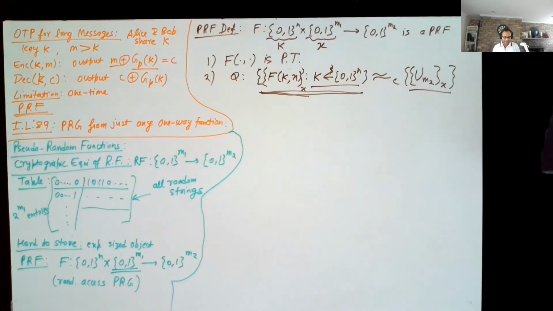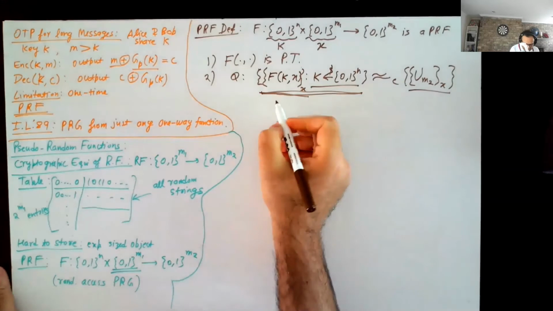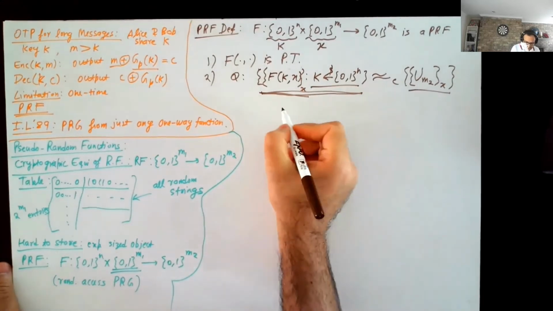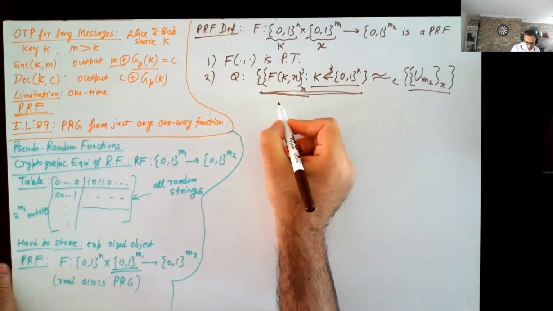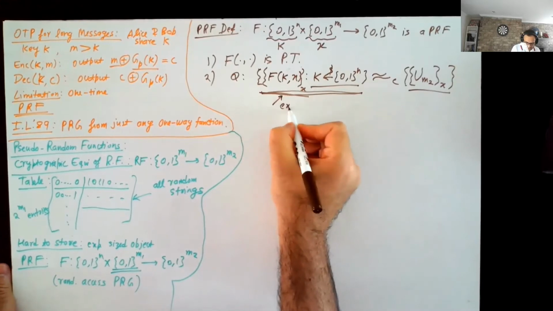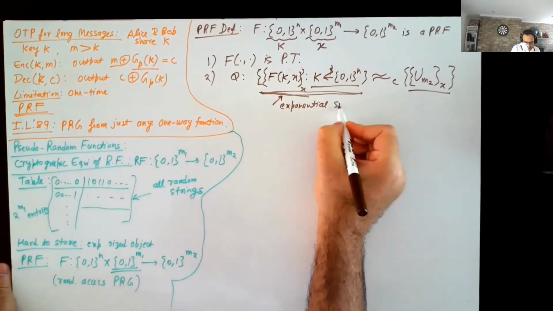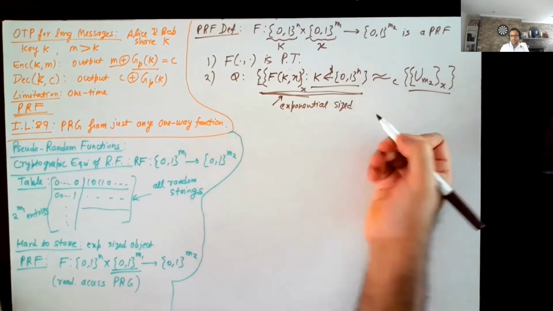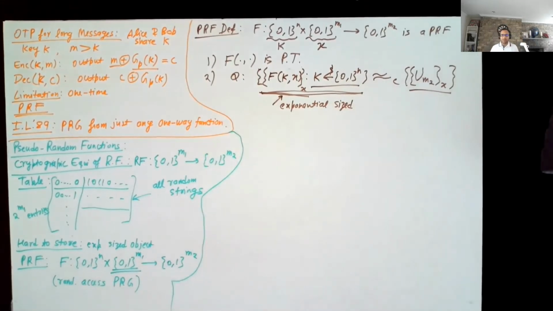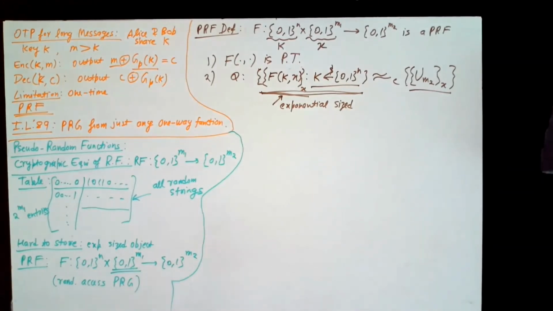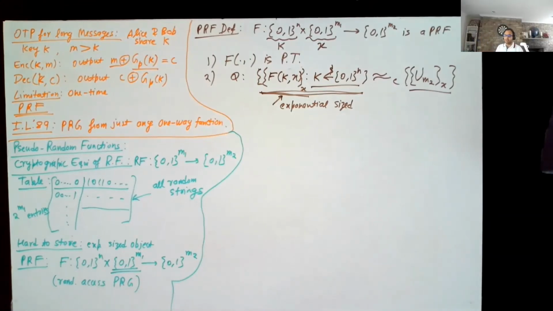Right? The problem is this is exponential sized, right? So imagine a hybrid argument where we will take x one by one and we will replace the output by uniform. So we will end up going through an exponential number of hybrids in that case.